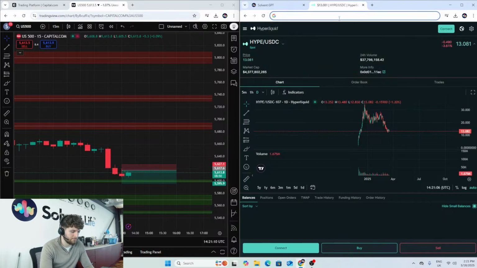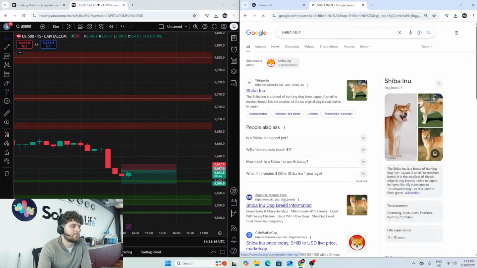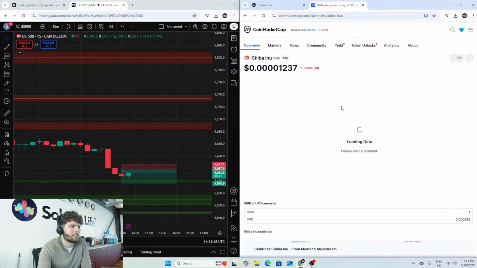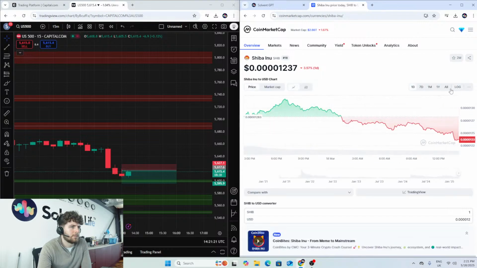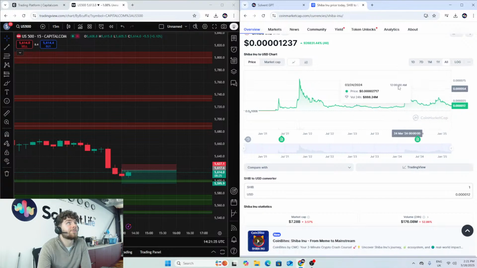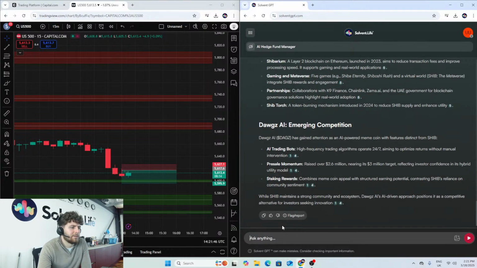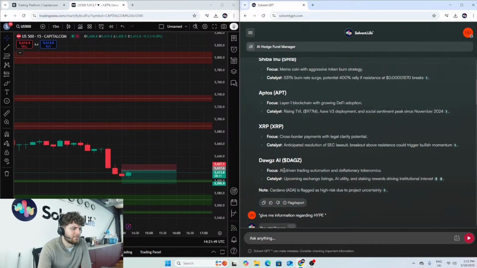Let's look at their website. All-time high of, I'm not even going to try and say that ridiculous figure. Currently trading at round about that figure that you can see on screen. Okay, Shiba Inu, very interesting.